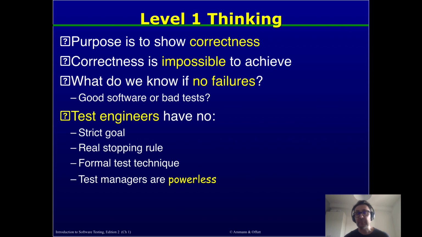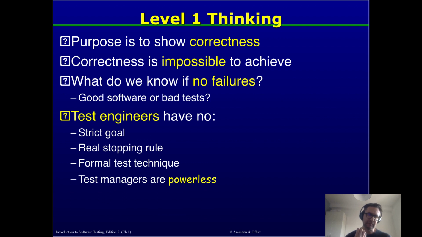An alternative explanation is that the tests are not very good, right? So it all depends on the amount of effort you put into your quality work and your testing work. So just reporting to higher level managers or project managers that, oh, we ran all the tests, there were no failures, doesn't really tell you a lot about how high quality the system is, right?